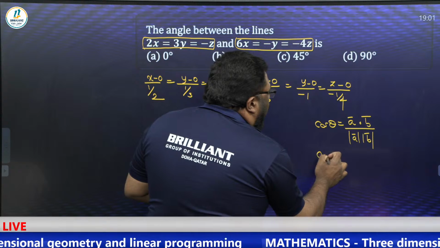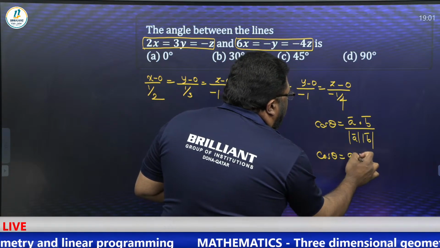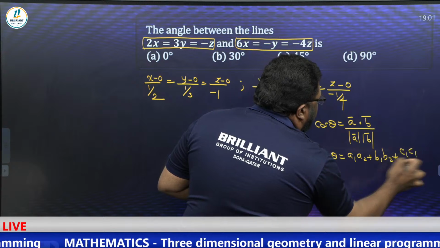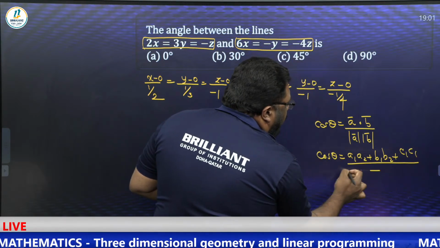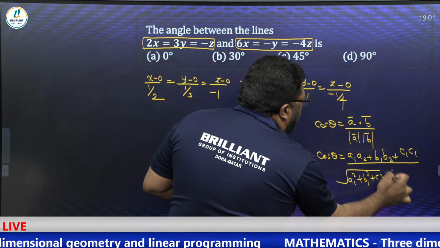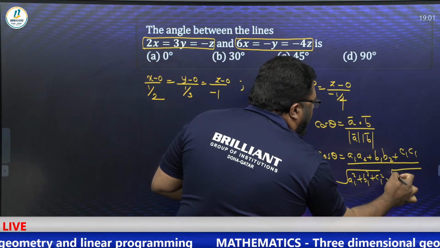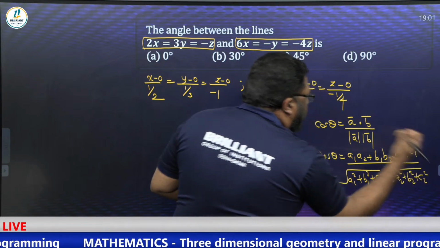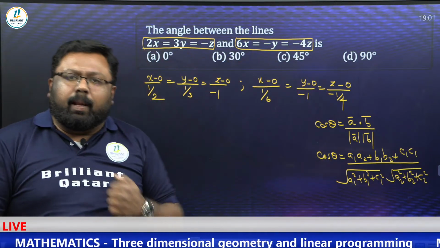In Cartesian form, it's A1 A2 plus B1 B2 plus C1 C2 divided by the magnitude of A, which is root of A1 squared plus B1 squared plus C1 squared, and the magnitude of B, which is root of A2 squared plus B2 squared plus C2 squared, because it's too long for an MCQ.